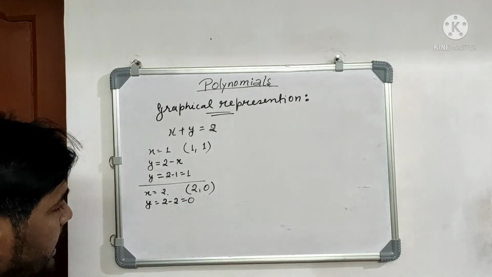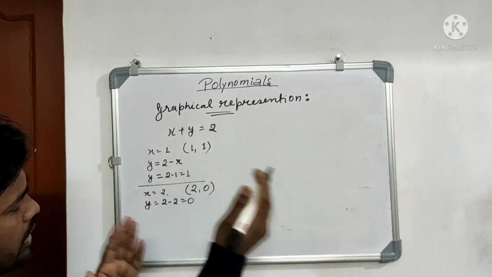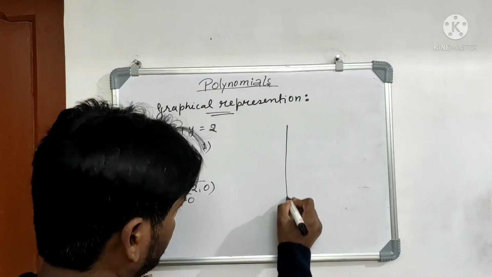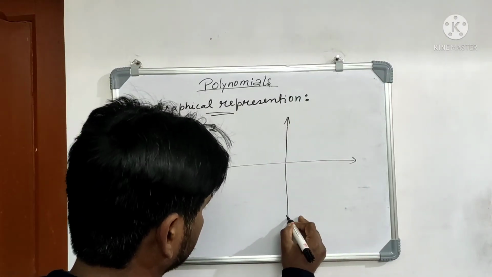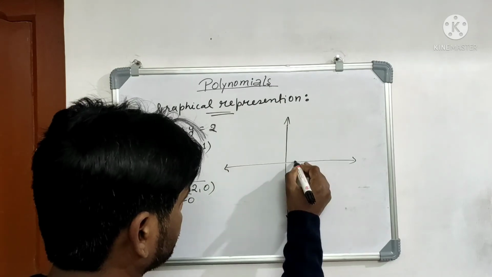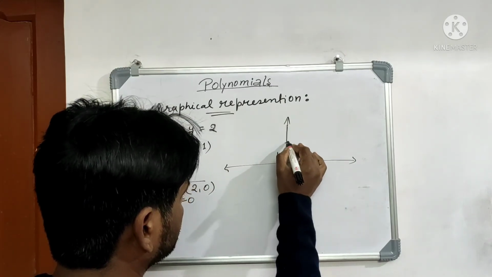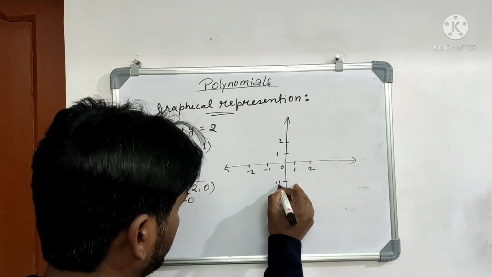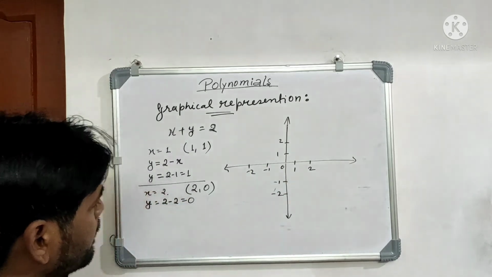As I told you, we can take a minimum of 2 points to represent any algebraic equation in the form of a graph. So I am drawing it on the graph. This is 0, 1, 2, minus 1, minus 2 on the x-axis, and 1, 2, minus 1, and then minus 2 on the y-axis.